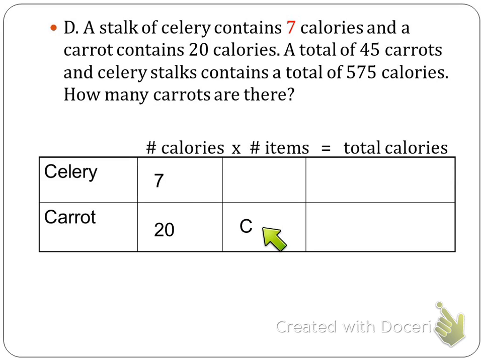This is number of calories, so 7 calories, 20 calories. Now, total, I have 45 of these two put together. So if I know the number of carrots, what can I do to 45 to get the number of celery? Yeah, subtract C from 45. That'll give you the number of celeries that you have.